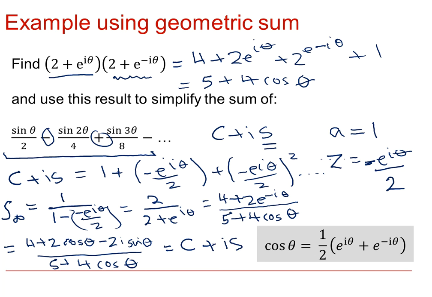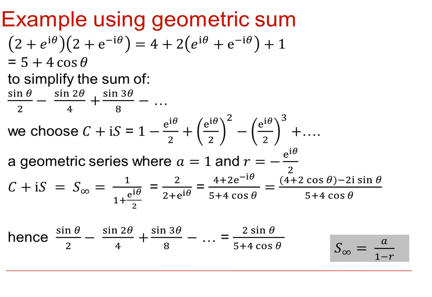So I can extract the imaginary parts of it to simplify this sum up here. Hence, I am able to say that sine theta over 2 minus sine 2 theta over 4 plus sine 3 theta over 8 and so on as an infinite sum equals 2 sine theta over 5 plus 4 cos theta.